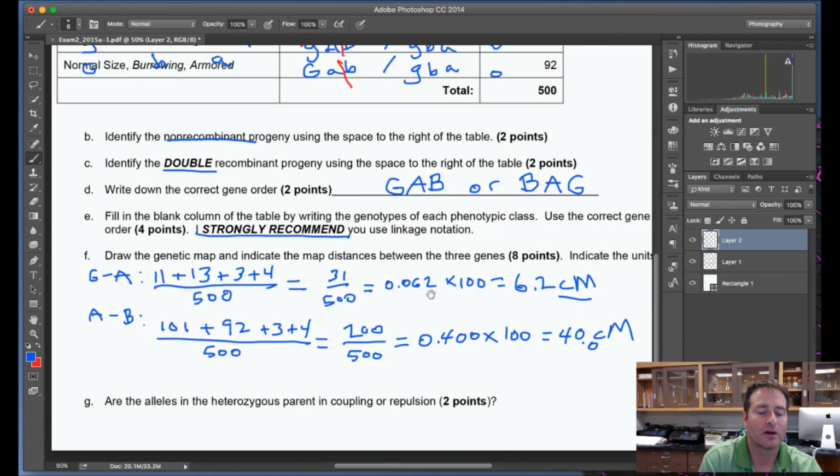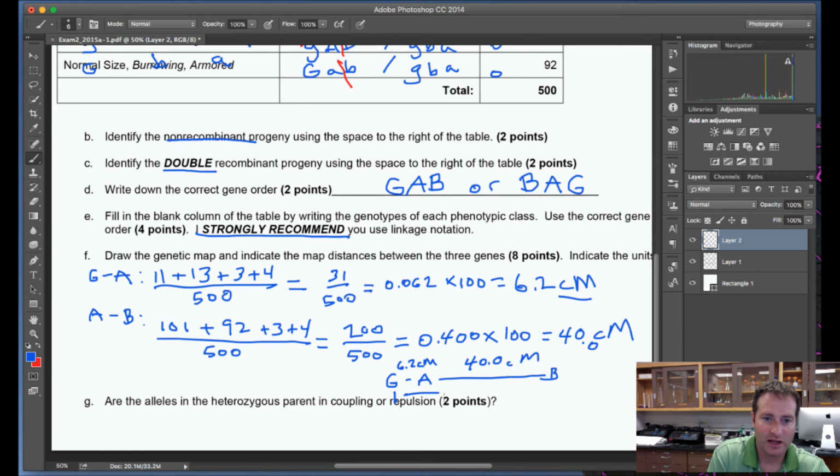Now, we draw the genetic map. G and A are very close together, so I try to draw it sort of to scale. And A and B are quite far apart. And I would put 6.2 centimorgans and 40.0 centimorgans.